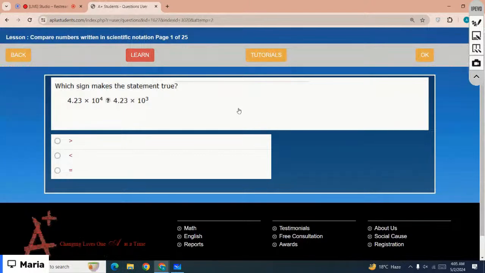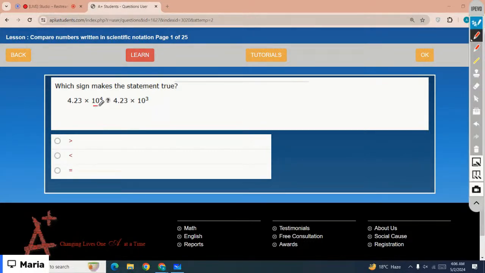Which is the correct option? 4.23 times 10 exponent 4, you have to compare it to 4.3 times 10 exponent 3.